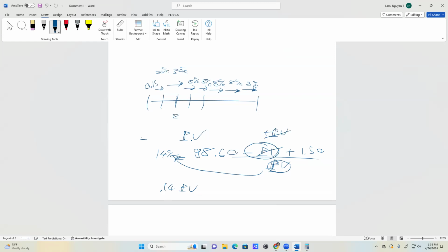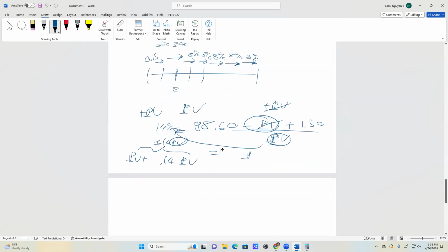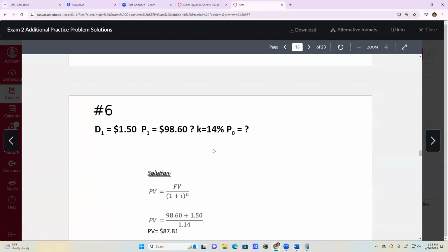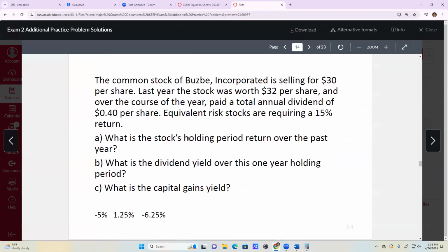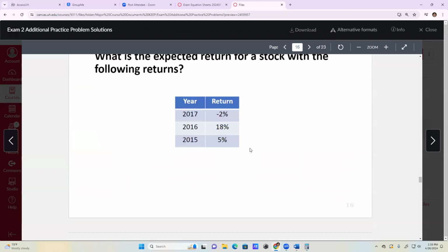These sides cancel, right? So you're gonna add that, and these equal 1.14 PV, right? Something like that, and you could find PV. Okay. Let's see what else. Yeah, holding period return refers to the same thing, the percentage change.